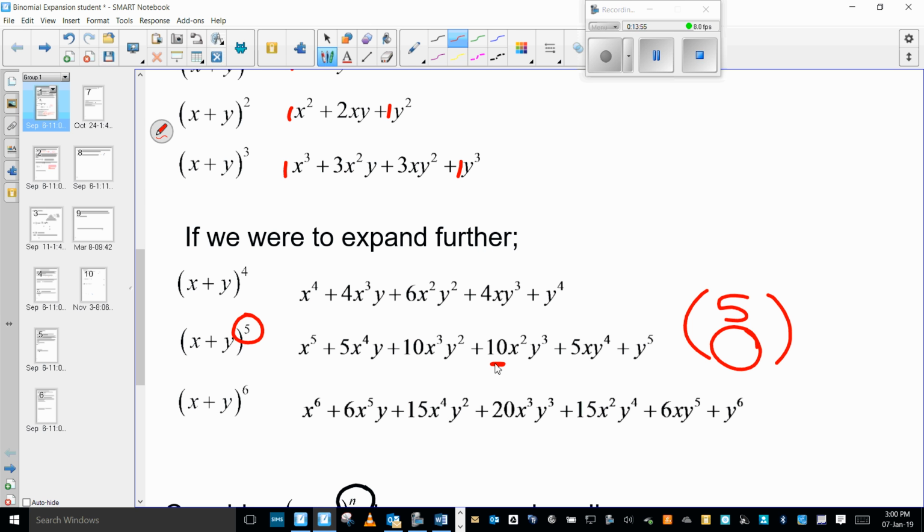So this is 0, 1, 2, 3. So to find this particular number, we would try and find the value of nCr. So it's 5C3. That's what we're trying to find. So we're trying to find row 5, position 3, where it's 0, 1, 2, 3.